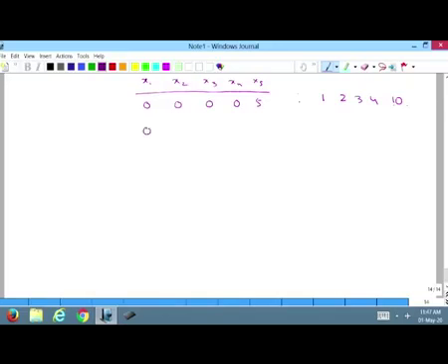Next one is 0, 0, 0, 1, 4. Therefore, this gives us the solution 1, 2, 3, 5 and 9. Then 0, 0, 0, 2, 3. Therefore, we get the solution 1, 2, 3, 6 and 8.